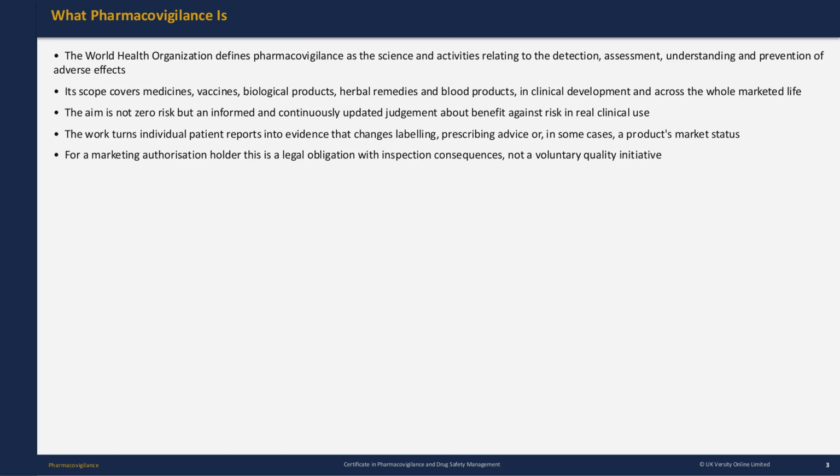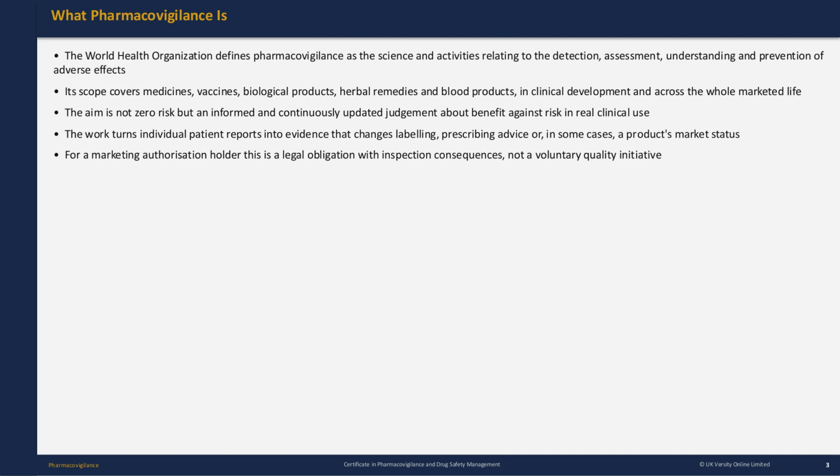What pharmacovigilance is. The World Health Organization defines pharmacovigilance as the science and activities relating to the detection, assessment, understanding, and prevention of adverse effects. Its scope covers medicines, vaccines, biological products, herbal remedies, and blood products in clinical development and across the whole marketed life.